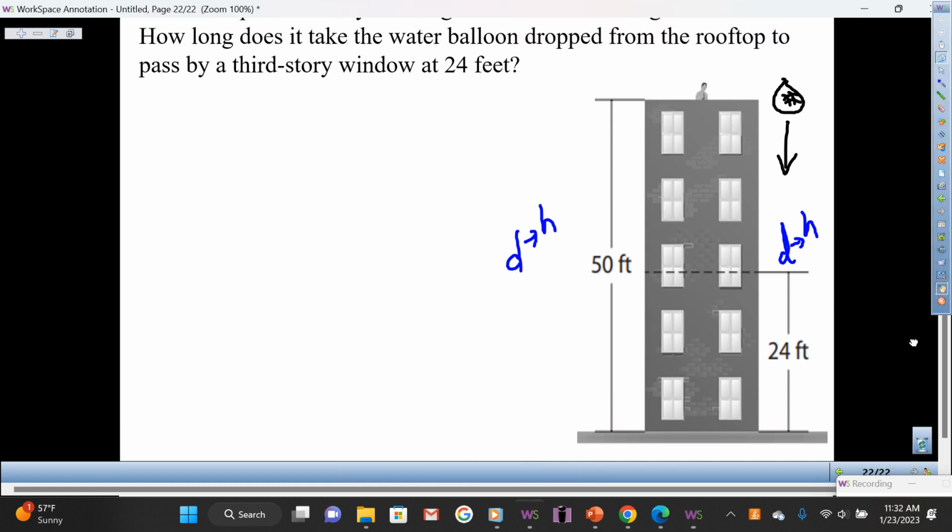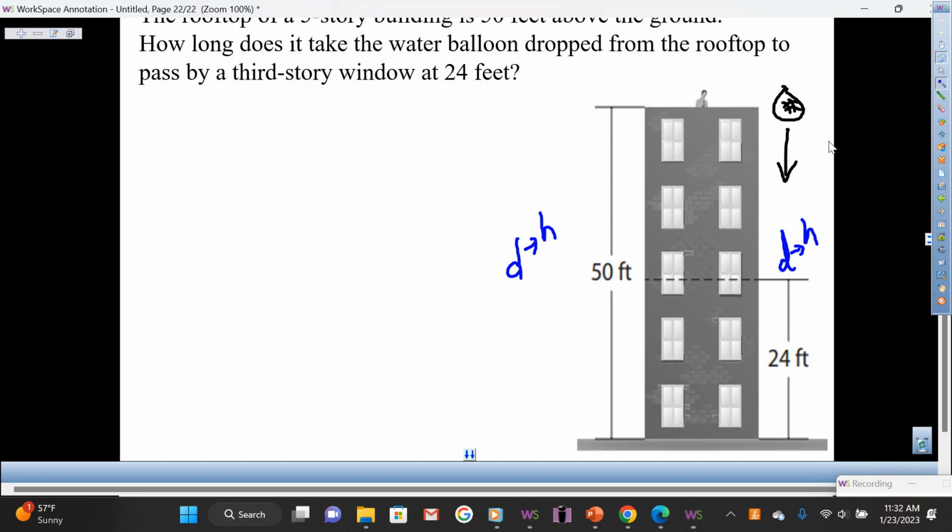So far we got two things right there, and then it says on the question, how long does it take? What do I label that, guys? Time. There it is. So we got how much information? Three things now. We got time, a distance, and another distance.